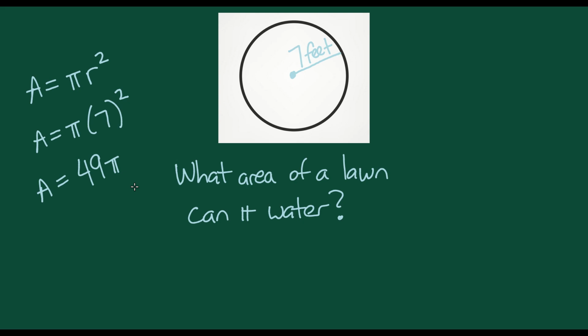Now if you wanted to get more specific, you could plug in 49 times 3.14 and multiply that out, or you could do 49 times 22 over 7. Maybe the math problem will ask you to do it in decimal form, maybe in fraction form. If you wanted to get more specific than 49 pi, you could do one of these two ways.